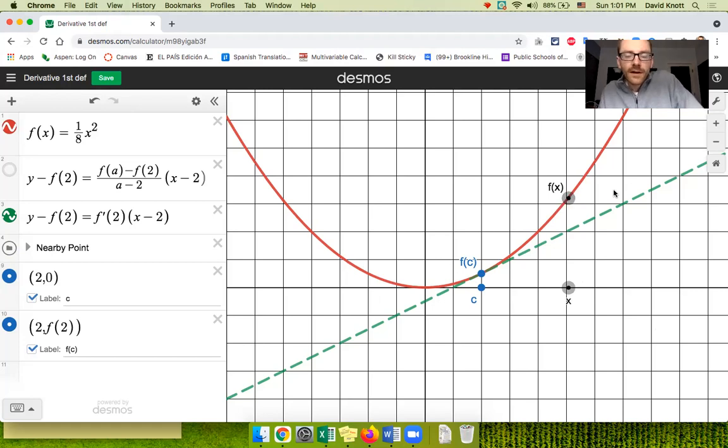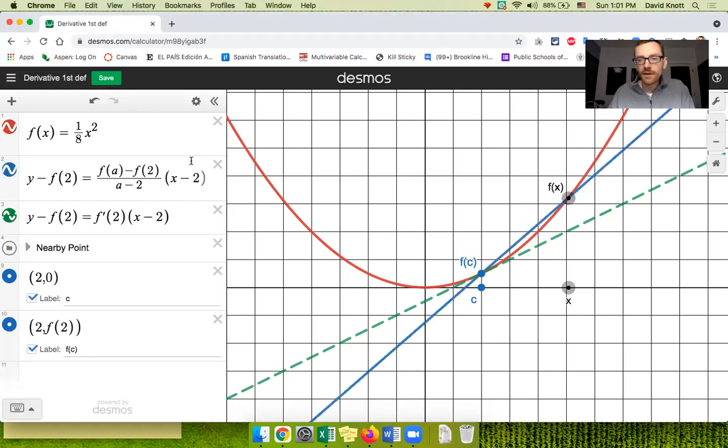All right. And why would I do that? Here's the idea. I'm going to draw the line from this point here, f of c, over to this point here, f of x. I'm just going to connect those 2 points with a line. There it is, the blue line.